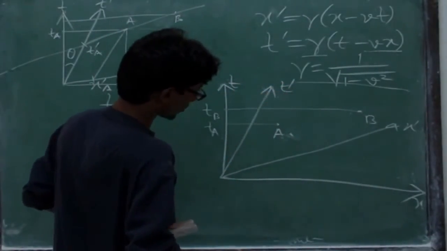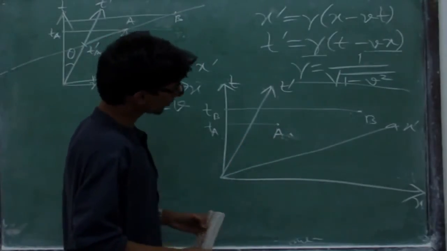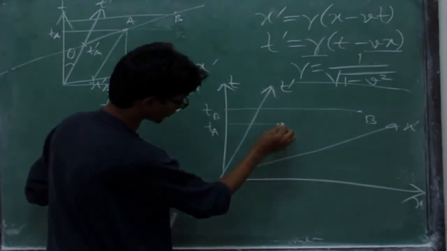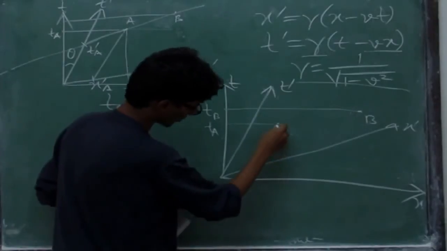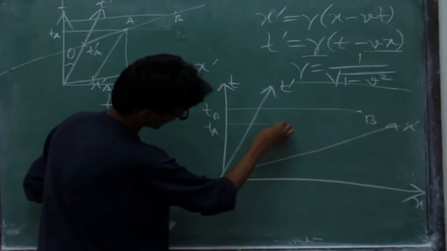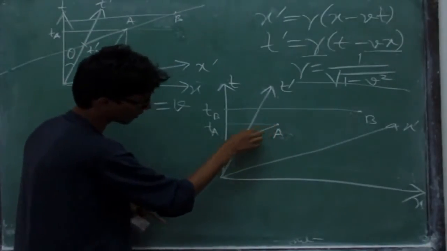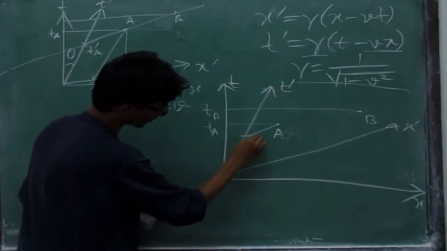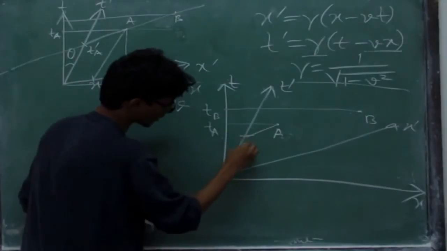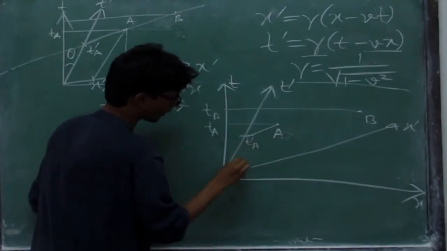Okay, so I'll measure the time coordinates of events A and B in my transformed frame of coordinates. I'll draw a line parallel to the x prime axis from A, hitting the t prime axis right here. I'll call this ta prime.